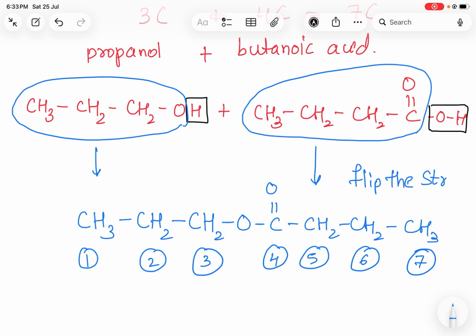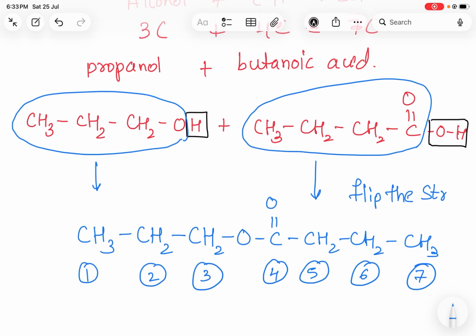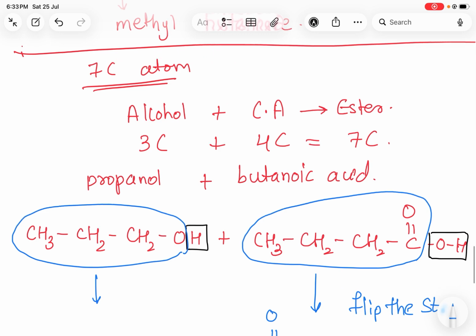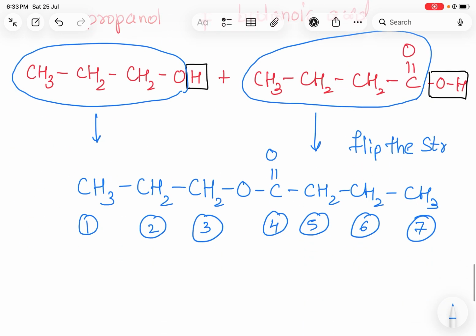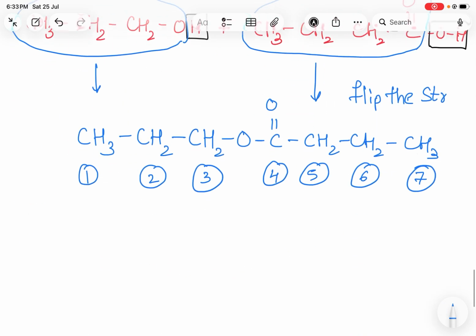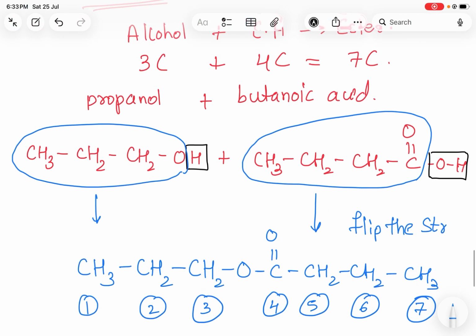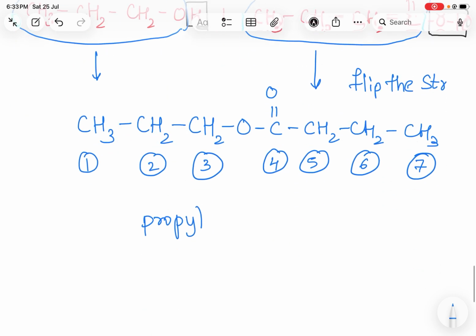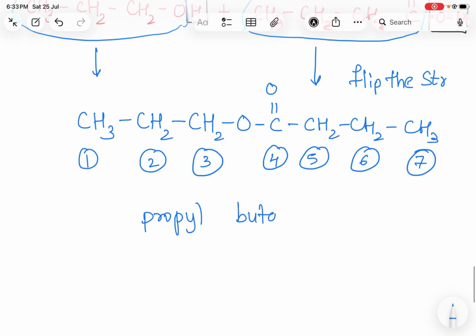Okay, this is the structure of ester. Now how am I supposed to write the name? So the propanol becomes propyl and from butanoic acid I have to cut the oic acid, so it becomes butanoate, which is the name ending for ester. So the structure becomes propyl butanoate.